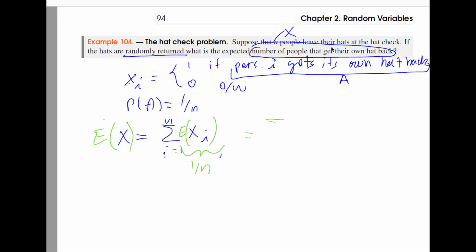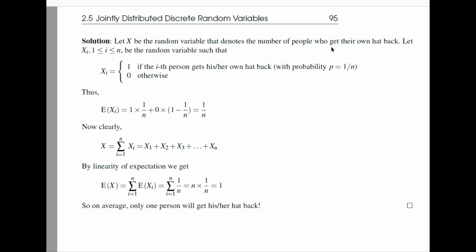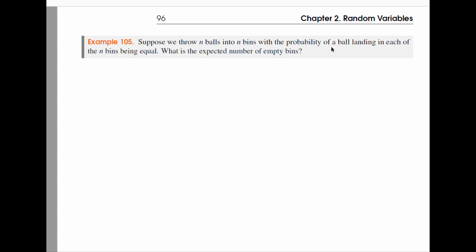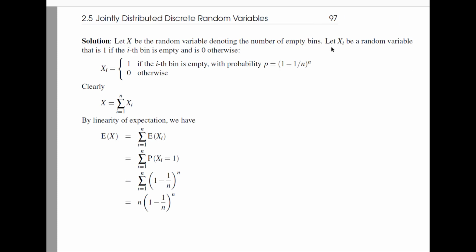So you get the sum from 1 to n of 1 over n, which is 1. So on average, only one person will get their own hat back. All right, a lot to unpack there. That's the same solution. Please do this one on your own and we'll discuss it if you have problems.